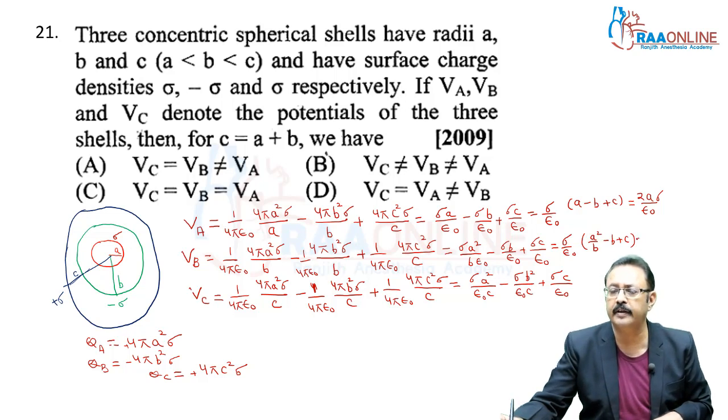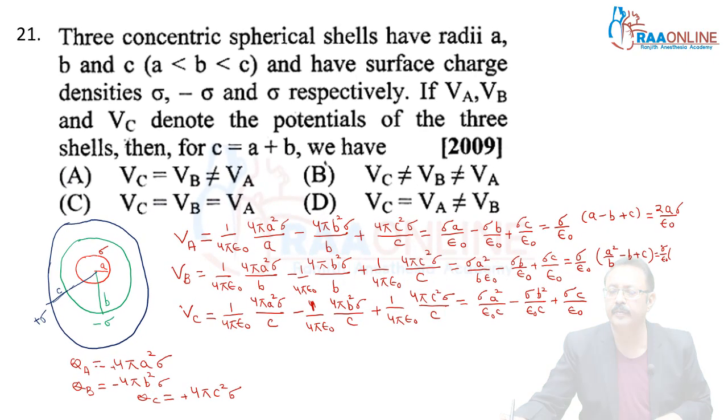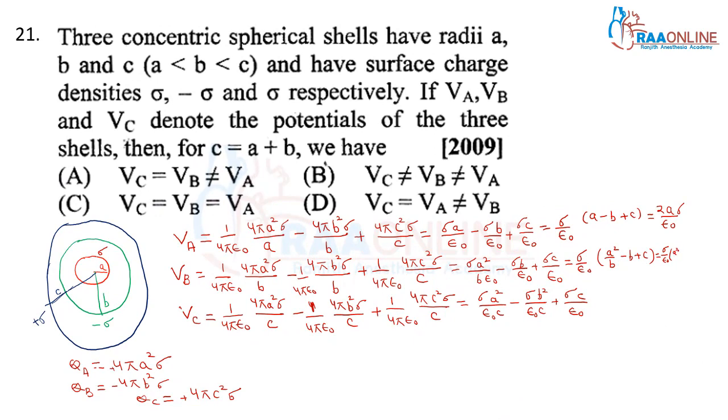So we will get σ upon ε₀, here a² by b minus b and b. σ, in place of c we put a plus b, minus b, b cancel, plus a. What we are getting here, we will write here.